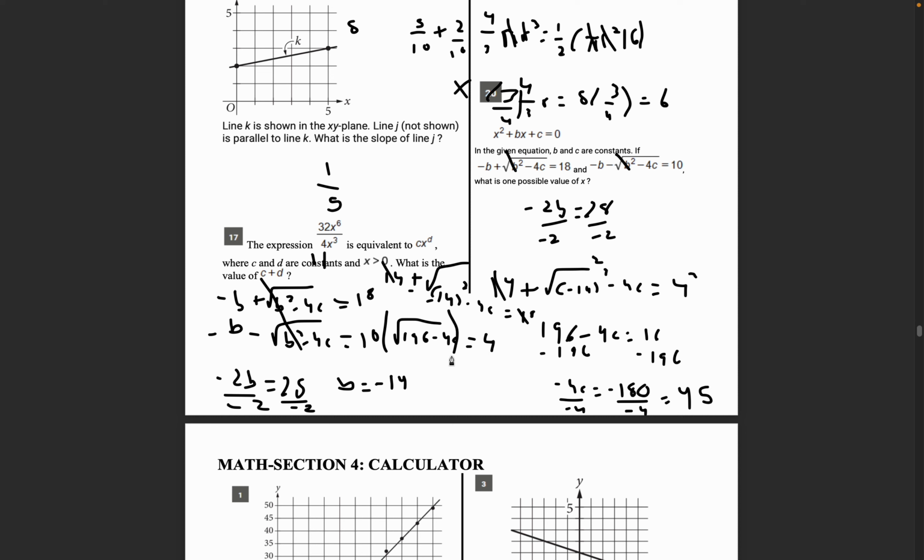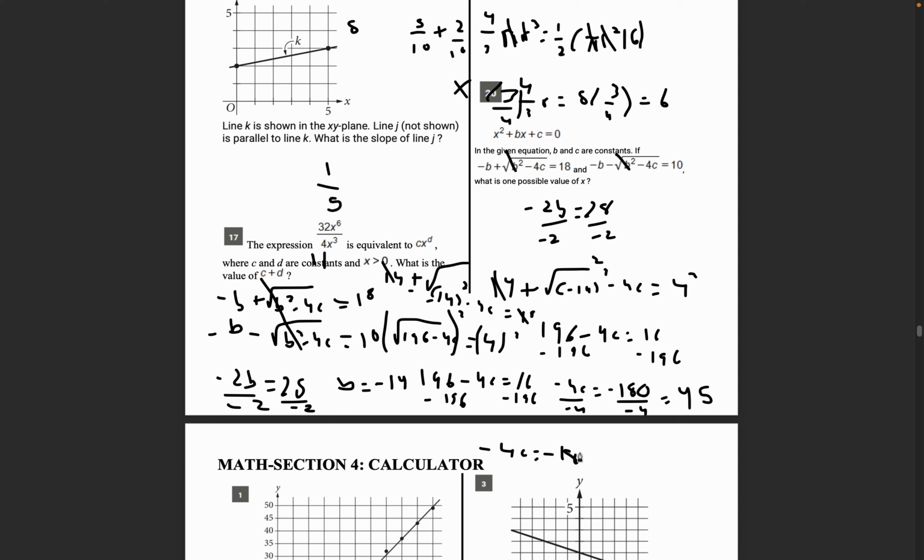Now we could square this. 196 minus 4c equals 16. Minus 196, minus 196, get negative 4c is equal to negative 180.